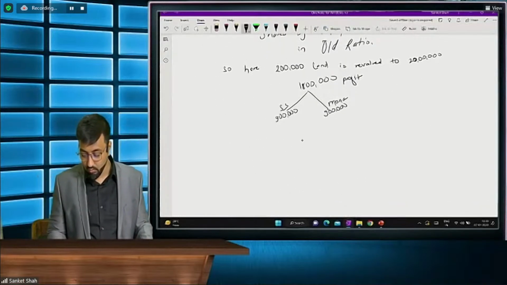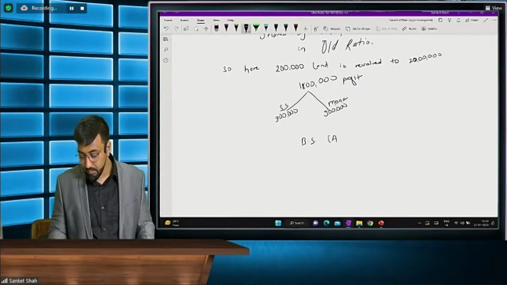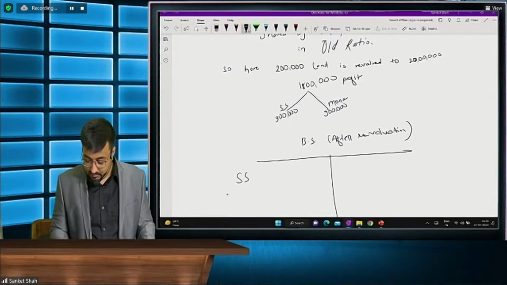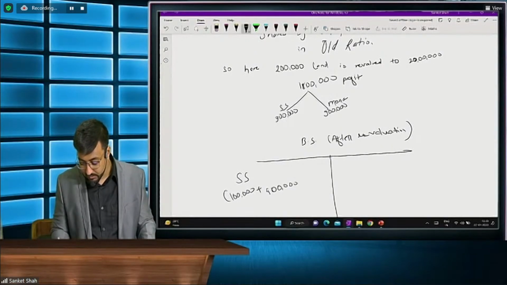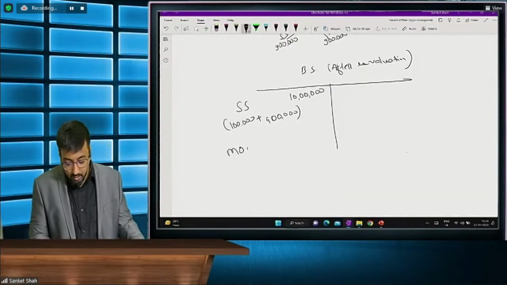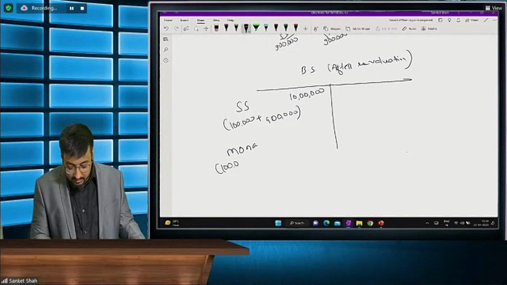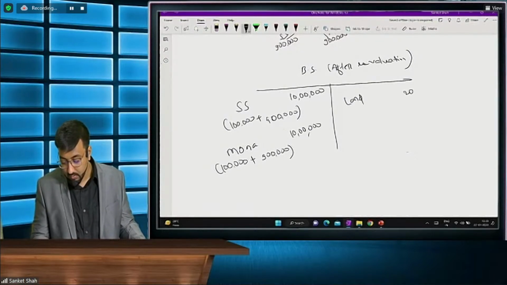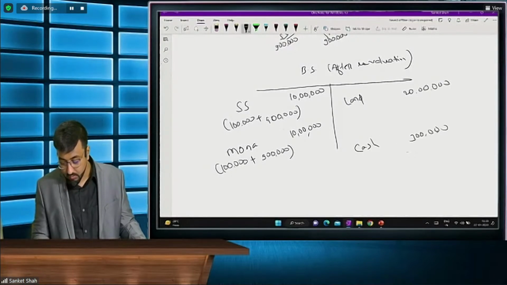So beta now balance sheet after revaluation. See, SS 1 lakh plus 9 lakhs, 10 lakhs. Mona 1 lakh plus 9 lakhs, 10 lakhs. Land 20 lakhs. Cash 3 lakhs.